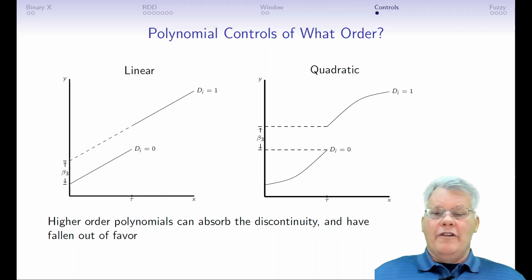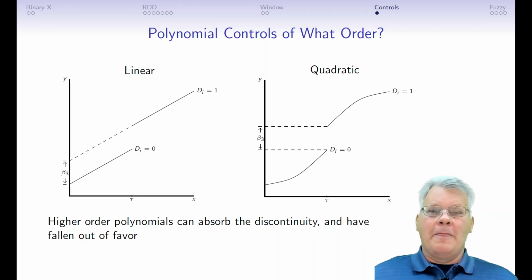The virtue of higher order polynomials is that they can estimate more flexible effects, but it is possible that a quadratic trend could absorb, it's more likely to absorb some of the discontinuity itself. So because of this, quadratic trends have fallen out of favor in the literature. Our drinking paper went to print in 2011, so a little more than 10 years ago.